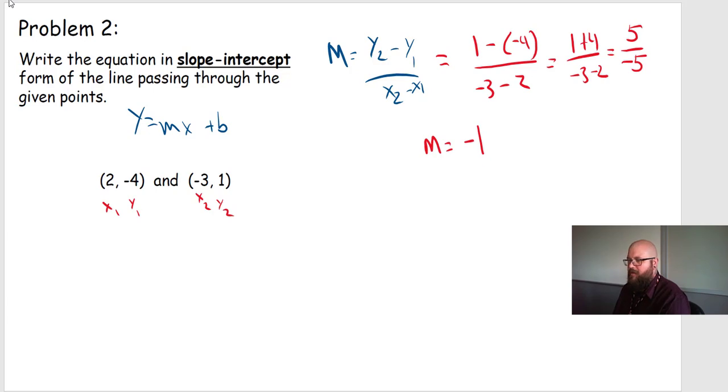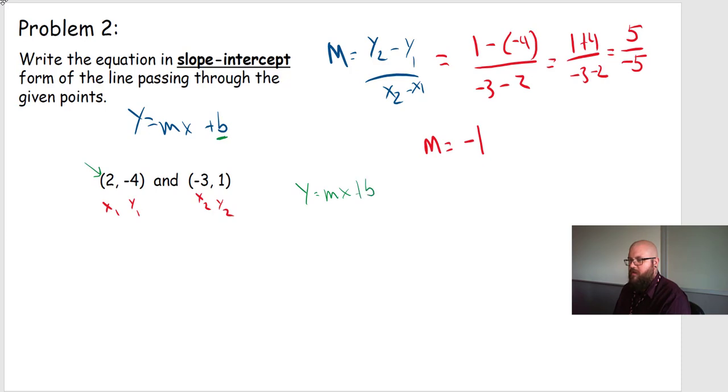So now that we know that, we can use either one of these points to determine our y-intercept, our b value. Let's use 2 and negative 4. We're going to use this point right there, and we're going to say y equals mx plus b.